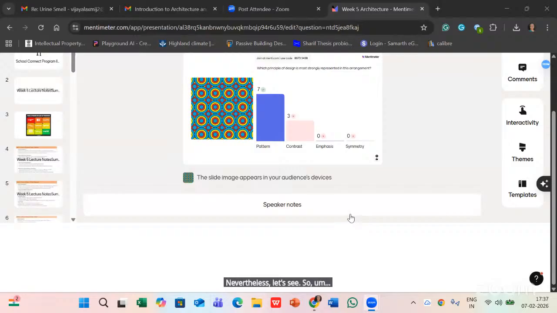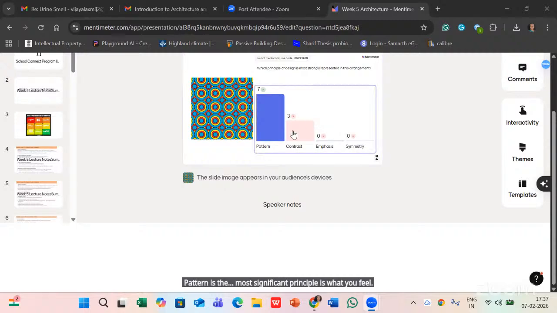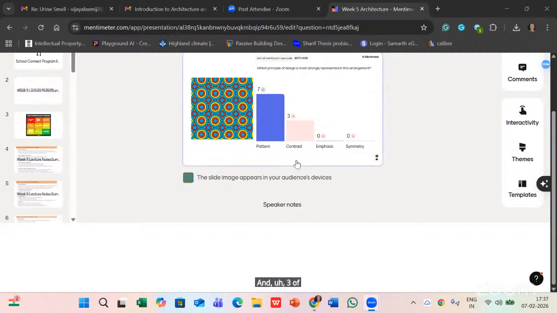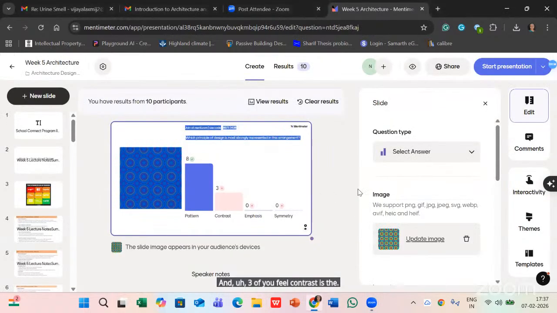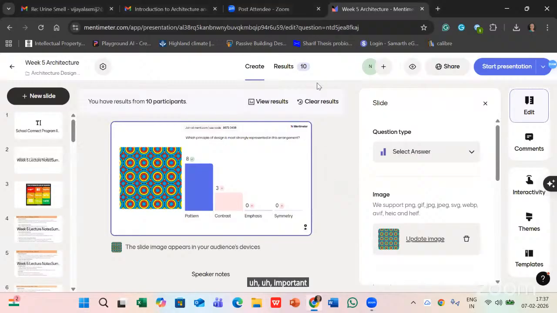So we see that most of you think that pattern is the most significant principle. And three of you feel contrast is the important principle.